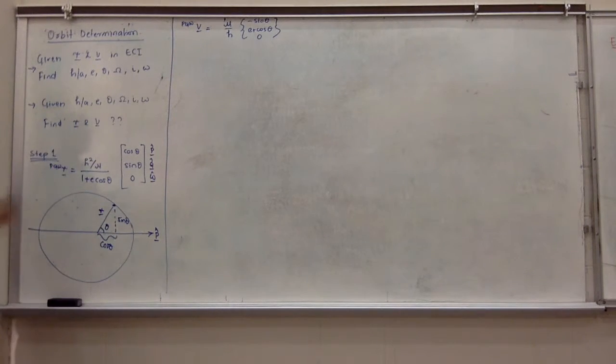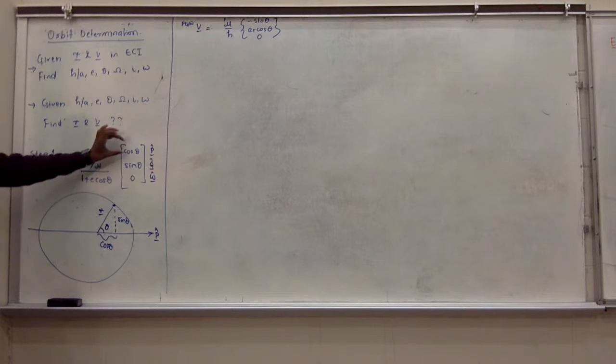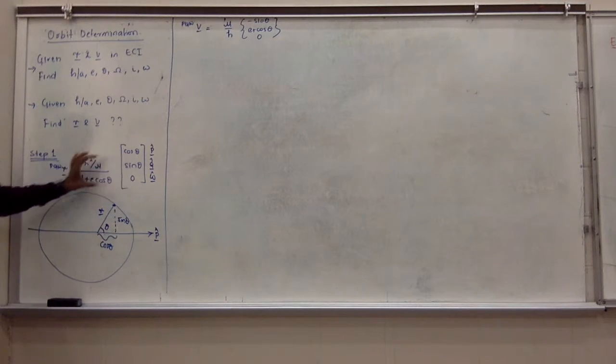What I have done here is I have just taken the derivative of this with respect to theta. So if you look at that, it is h square over mu. You take the derivative of this, this, and this. You're going to get it.